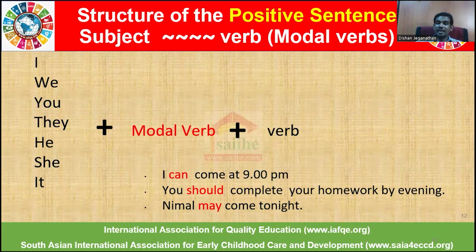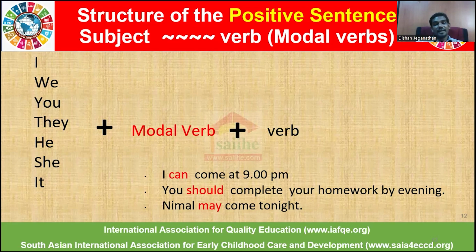I can come at 9 p.m. Can is the modal verb and come is the main verb. You should complete your homework by evening. Should is the modal verb. Complete is the main verb. Nimal may come tonight. May is the modal verb, and as we saw earlier, come is the main verb.